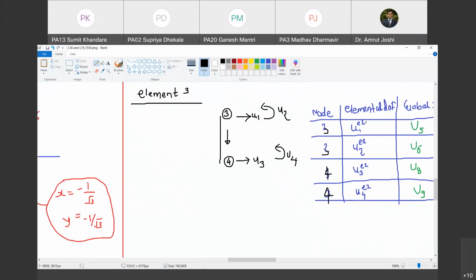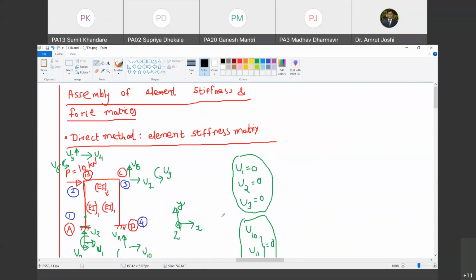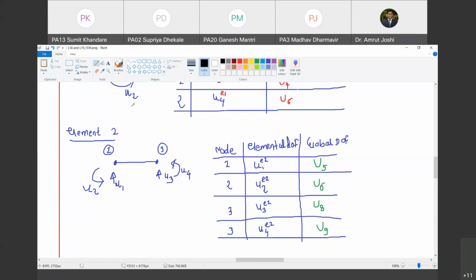What are the degrees of freedom? This is for element number 3, so I will simply write this as element number 3. Happy? U1 maps to which degree of freedom? U7.